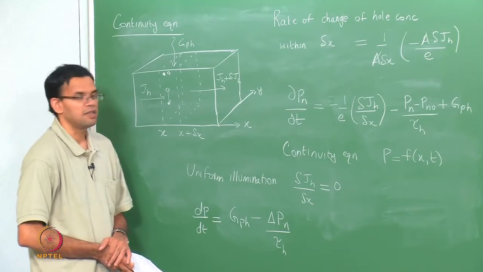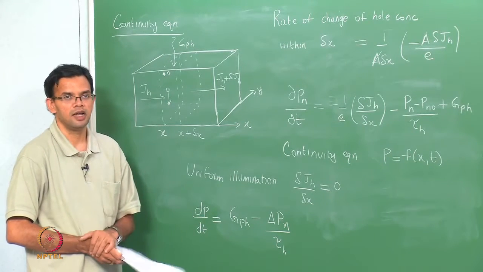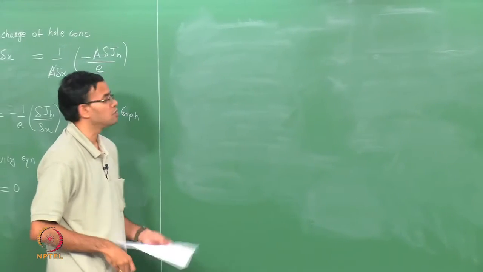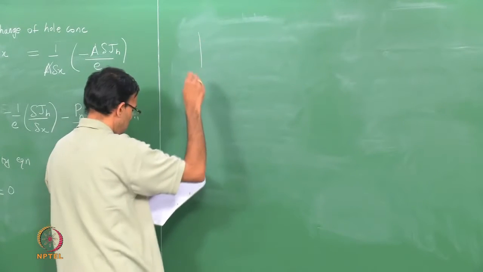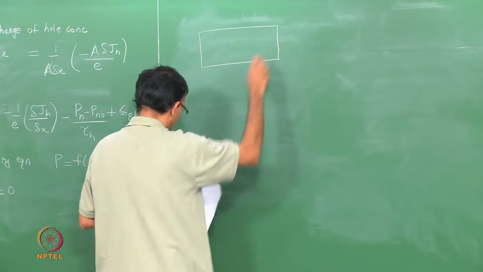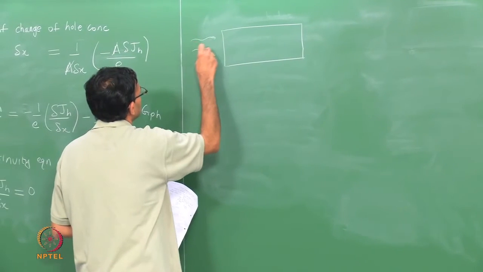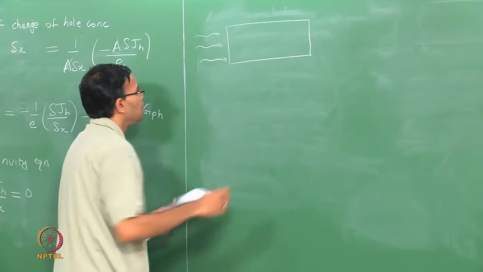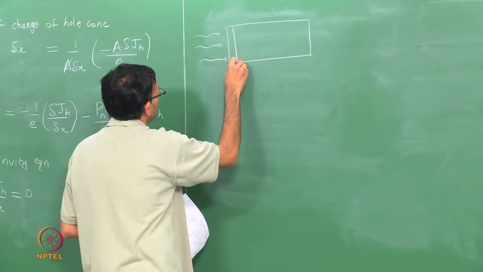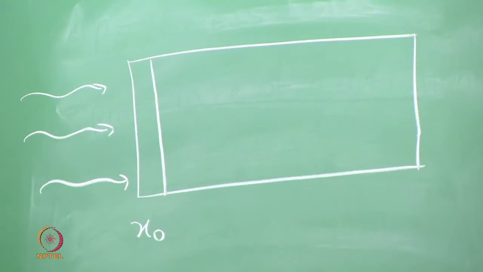So, let us look at another case where instead of uniform illumination you just have illumination at the surface. Consider the case of a steady state continuity equation where I have an n type semiconductor. I have incident light only on the surface. There is always going to be some absorption, so I depict a small region of width x naught in which the light is absorbed.